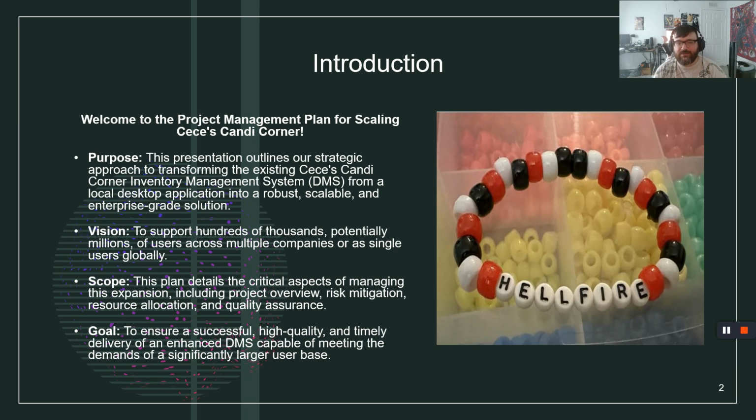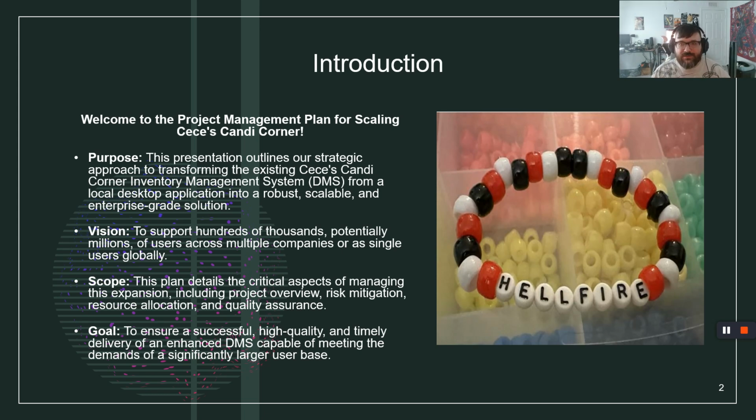The vision of this is so we can support more users. Our true vision is to be able to scale this up to where it can support millions of users potentially across multiple companies, but also make sure that it still has functionality that everybody can use as a single person.